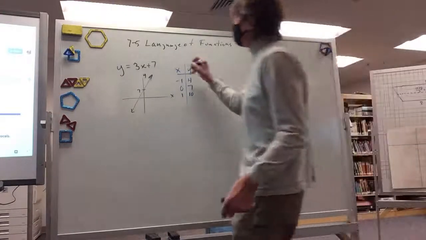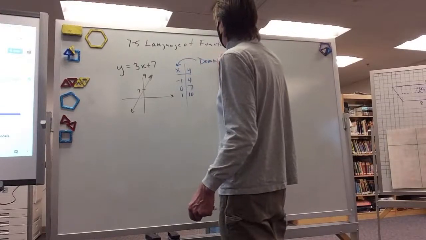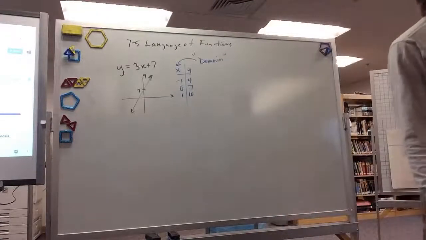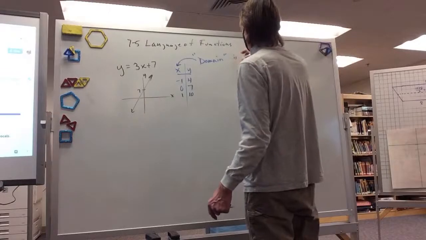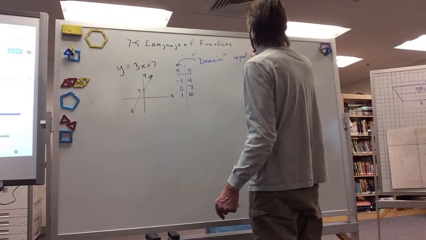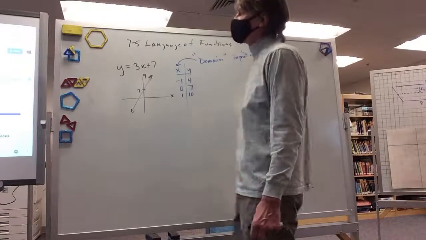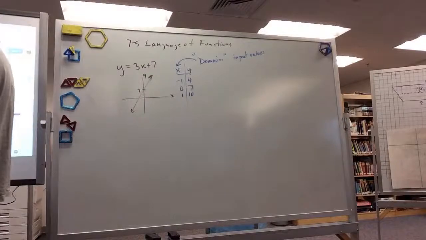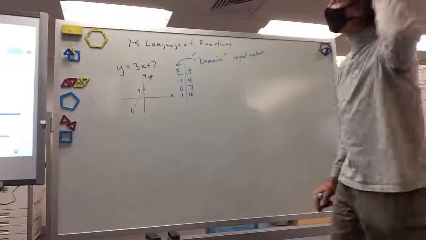So in this situation, all of these numbers are what we call the domain. Those are the input values. I suggest you write this down because it's going to come up. These are the input values. Sometimes we refer to these as the independent variable, like in science they talk about that.